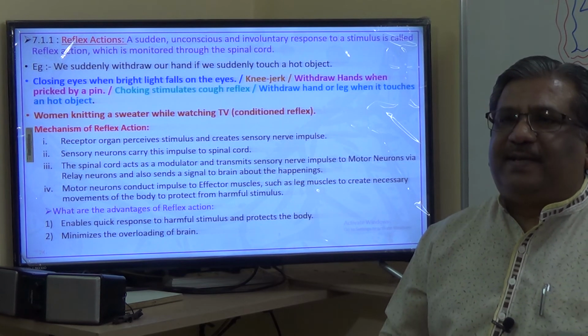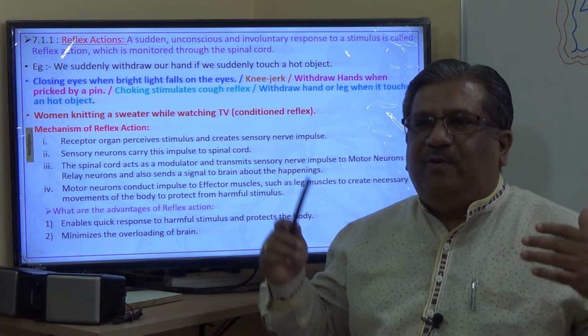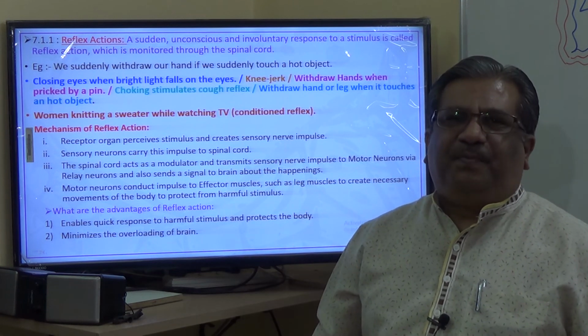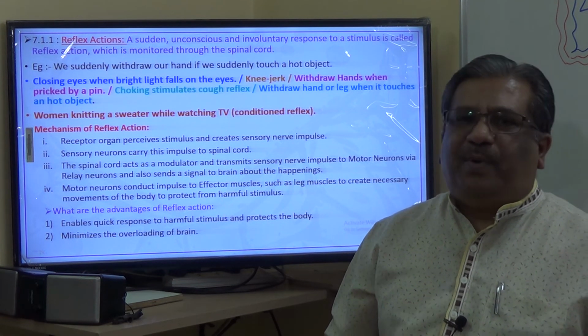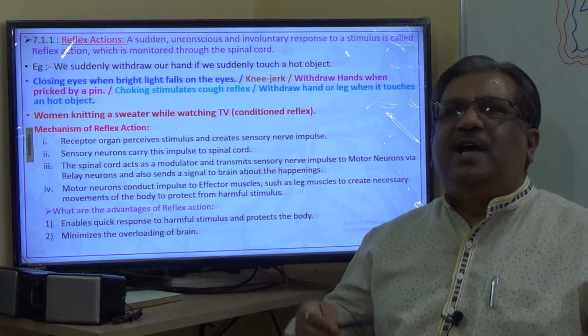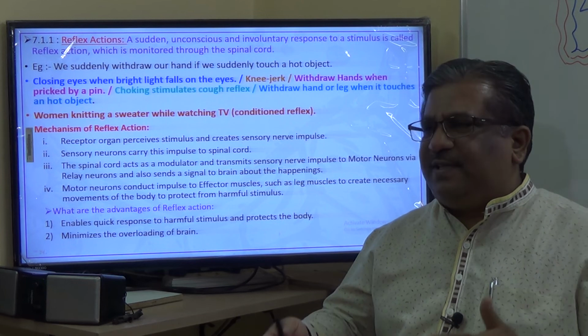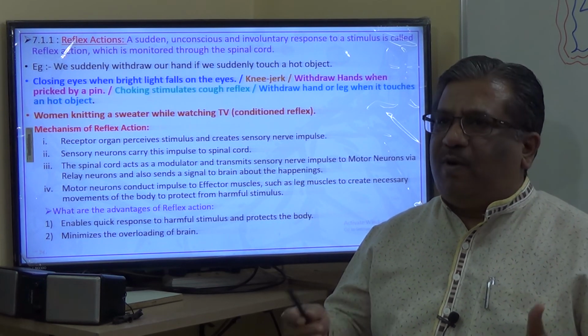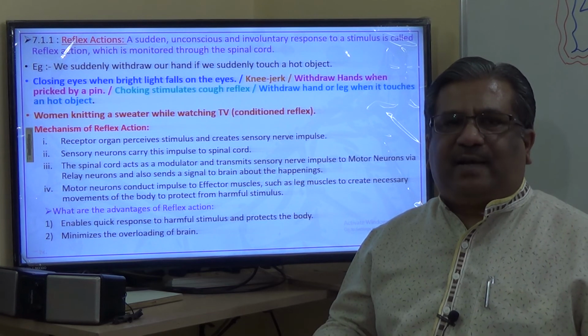Yes. See, sometimes the brain will be doing a lot of things. Do you think only reflex action is what it has to take care of? Apart from reflex action, the brain has to control our heart, our breathing process, digestion process, sleep process, this, that. The brain is totally occupied, whether voluntary or involuntary actions.